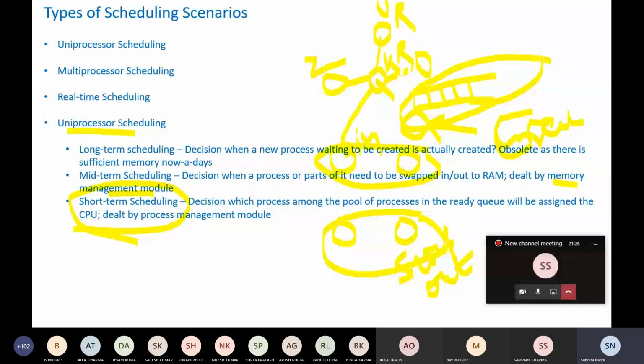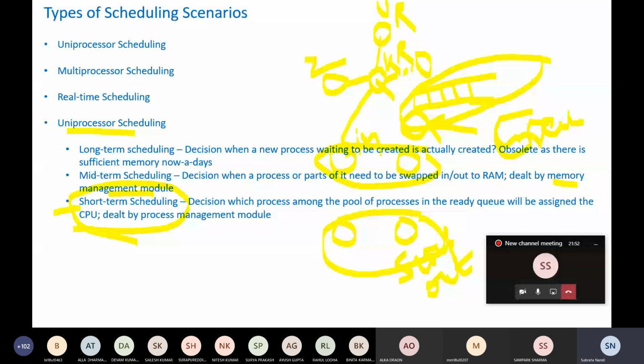So the frequency at which this scheduling algorithm is executed is the highest. It's almost like every few nanoseconds this scheduling algorithm is executed. That's why it is called short-term scheduling. It's very frequent, and because of this, the design of this algorithm is very critical in terms of the performance of the operating system.